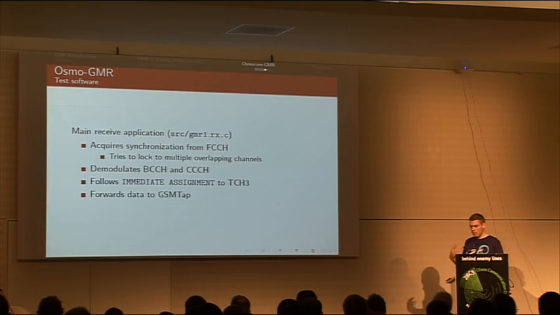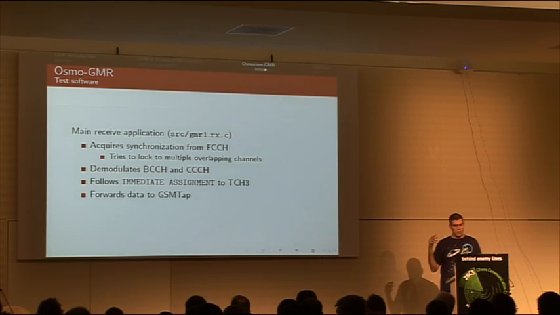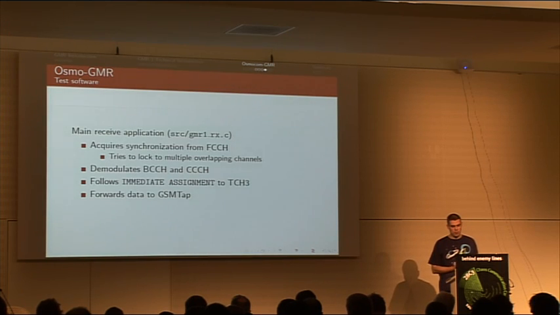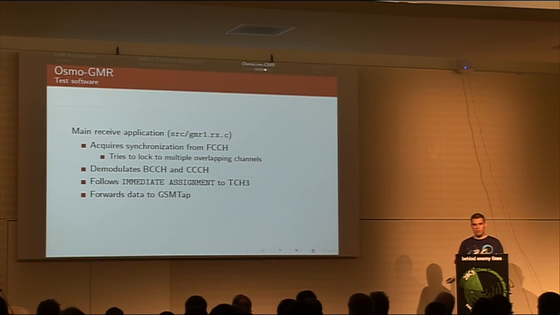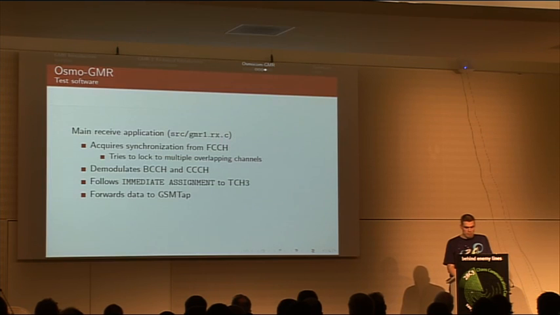It will try to acquire synchronization, extract all the broadcast channel types like BCCH and CCCH, and if by any chance on the CCCH it sees an immediate assignment to supported channel types like TCH3, it will follow it, decode the TCH3 data, and forward all of that to GSMTAP for further analysis on Wireshark.